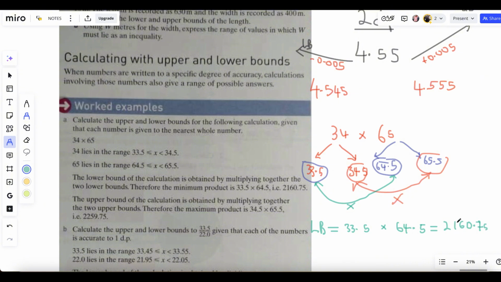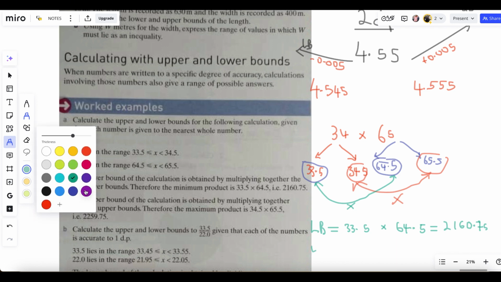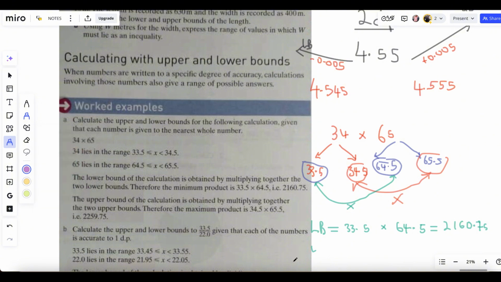Now for the upper bound of the calculation, we get 34.5 times 65.5.